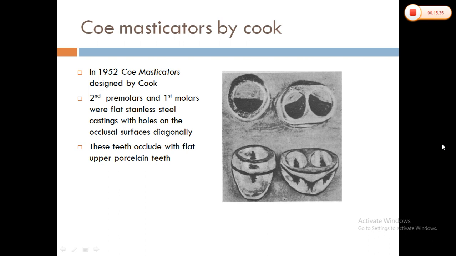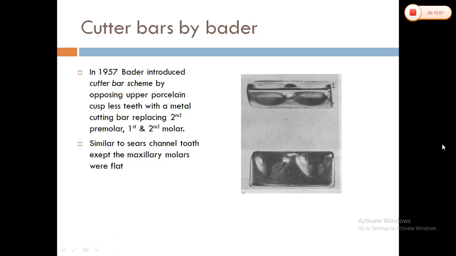Co-masticators by Cook. In 1952, co-masticators were designed by Cook. Second premolars and first molars were flat stainless steel castings with holes on the occlusal surface diagonally. These teeth occlude with flat upper porcelain teeth. Finally, cutter bars by Bader.